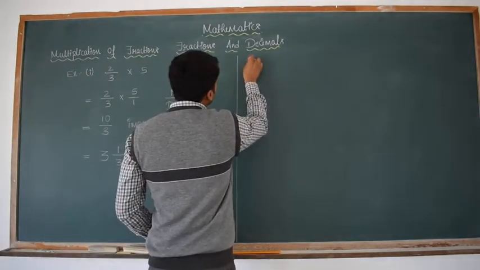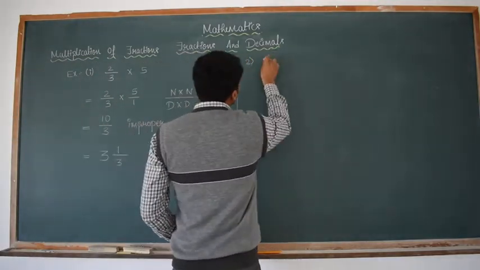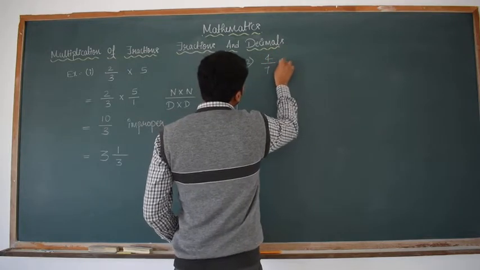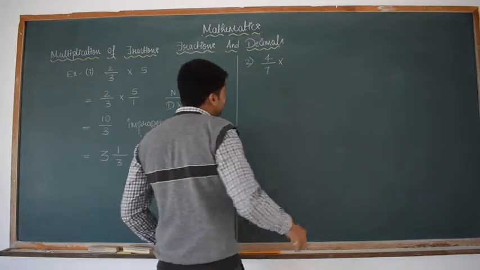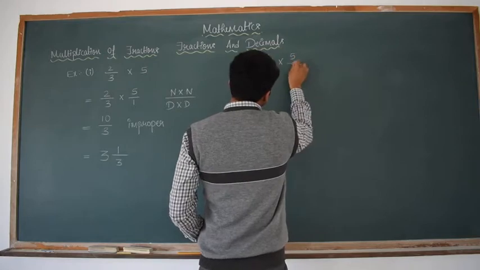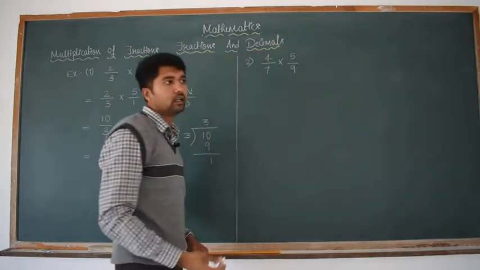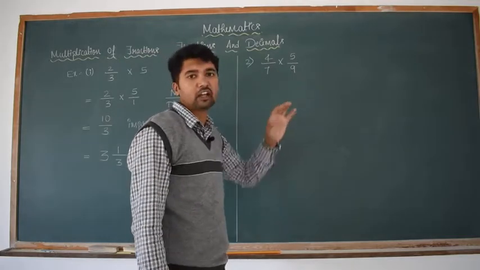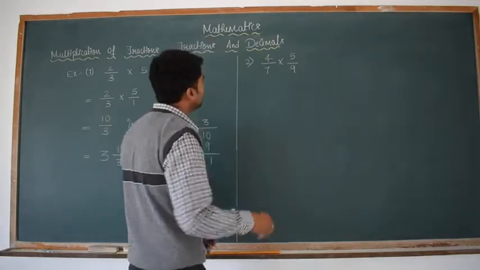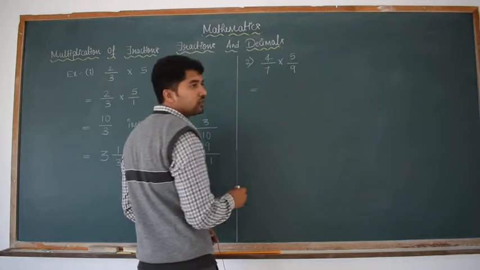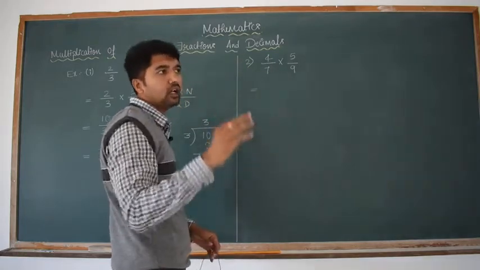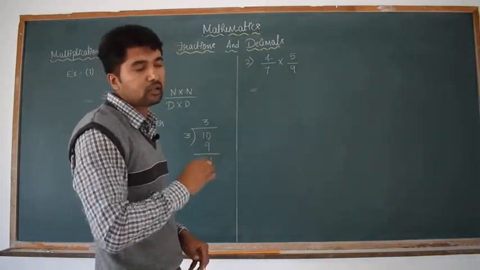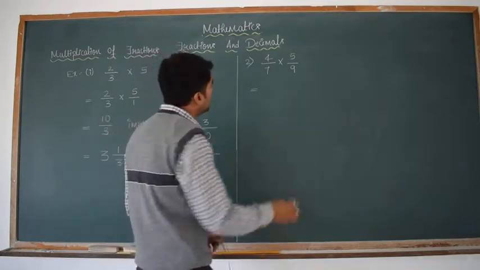So example 2, 4 by 7 into 5 by 9. We need to multiply these two fractions. That means multiplication of a fraction by a fraction. What do we have to do at this time? I have already told the method. Multiply the numerators and multiply the denominators and keep the answer.